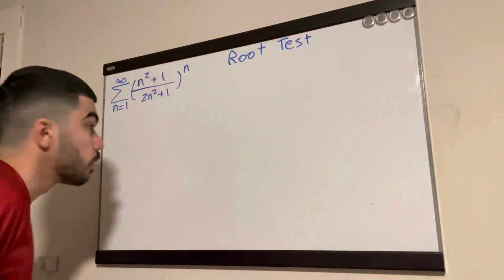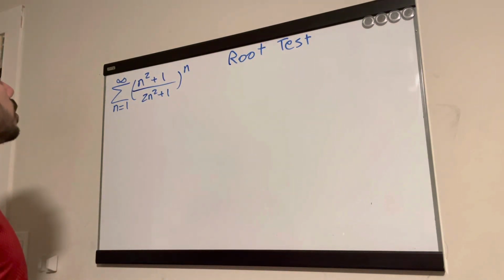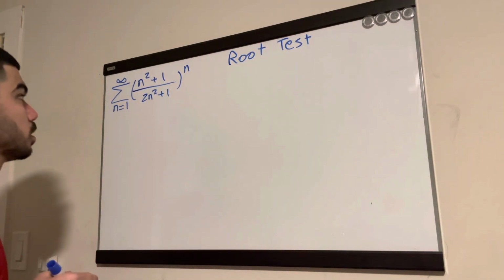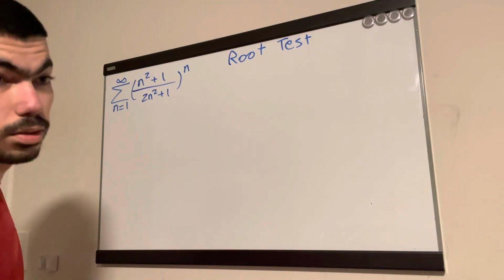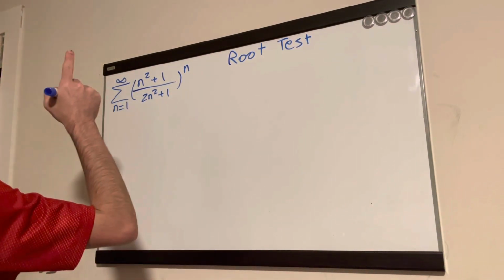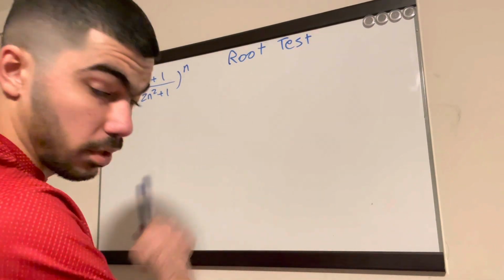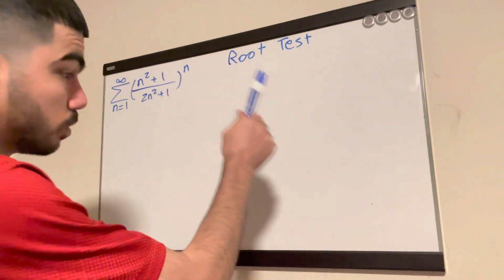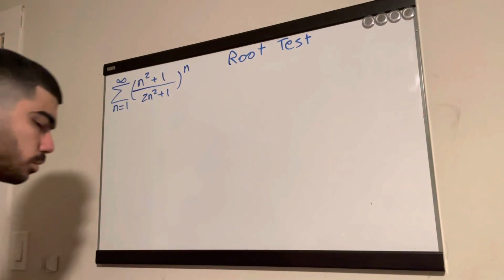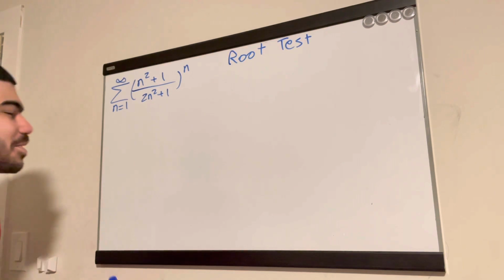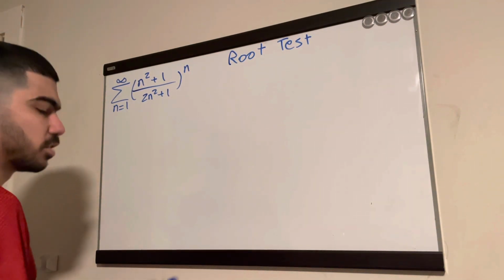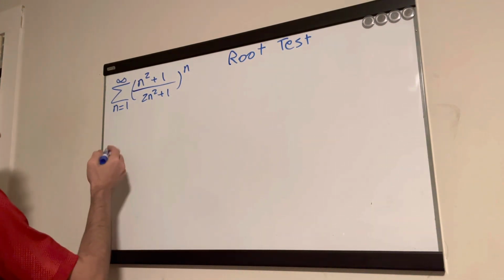Alright, for this one right here, we have the series ((n squared plus 1) over (2n squared plus 1)) all to the power of n. For this one, we're going to use the root test to determine the convergence or the divergence. So here we go.